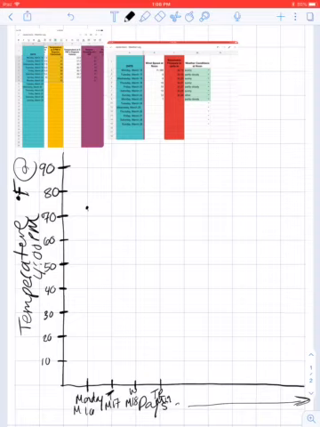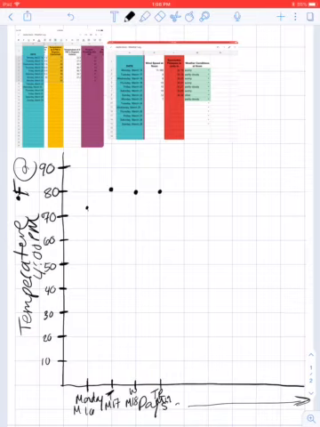Tuesday, March 17th, 4 p.m., it was 81 degrees, so I'm going to make my mark right above the 80. Wednesday, March 18th, 4 p.m., was 80 degrees, right on the line. Thursday, March 19th, was also 80 degrees.